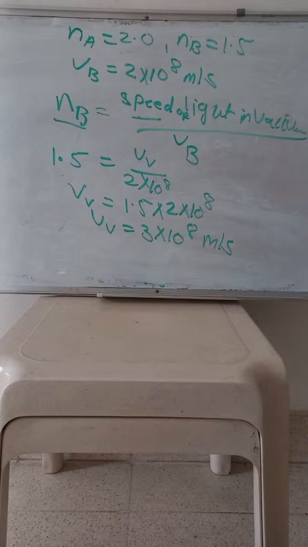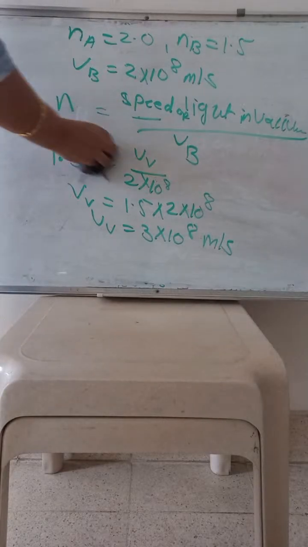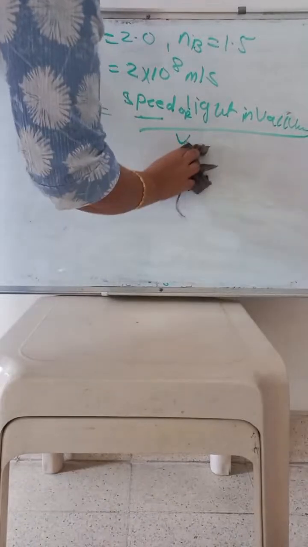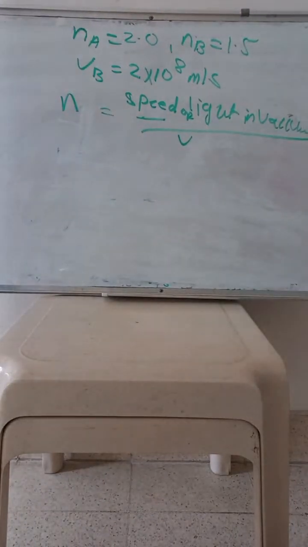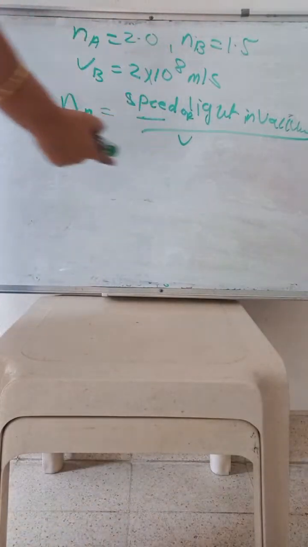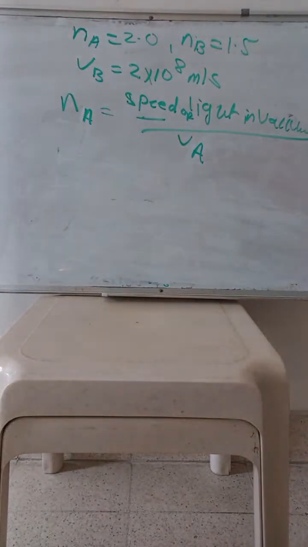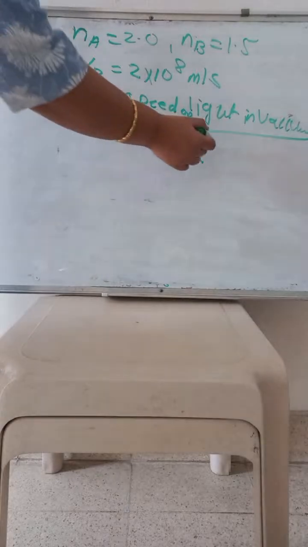Now here, to calculate the second part, use the same formula. Refractive index of A is equal to speed of light in the vacuum upon speed in medium A. We are interested in VA.